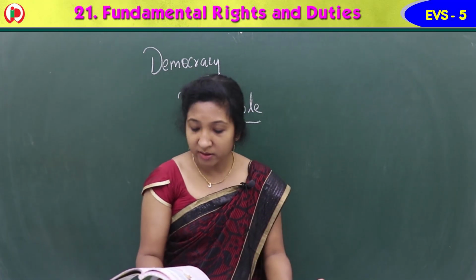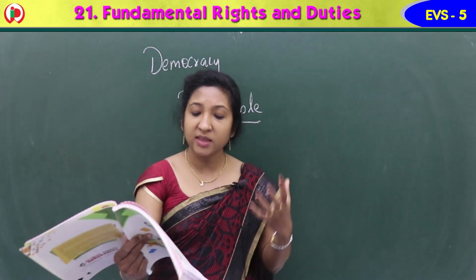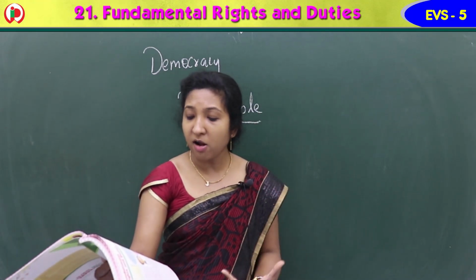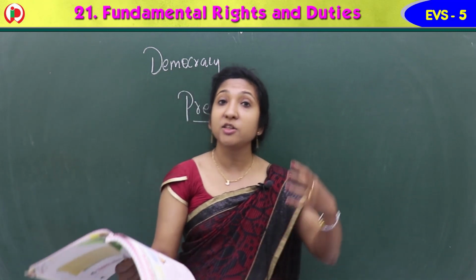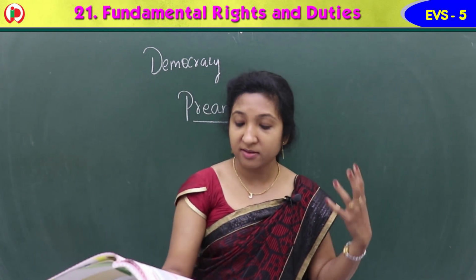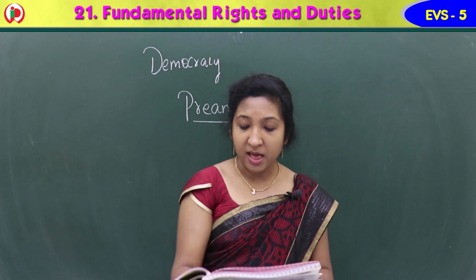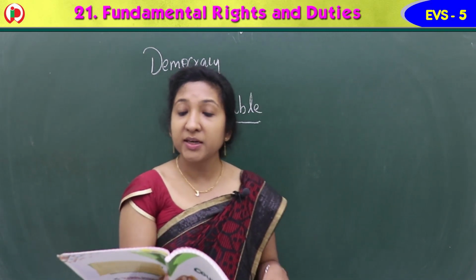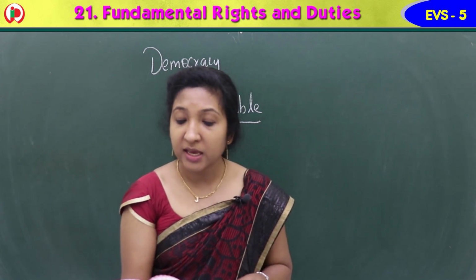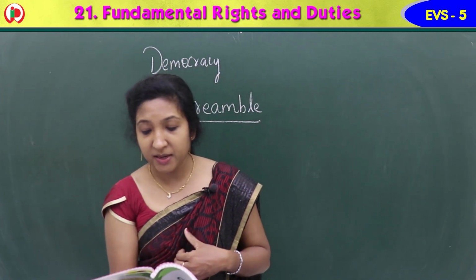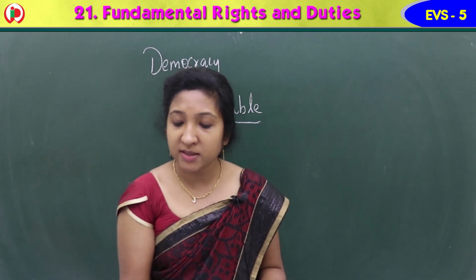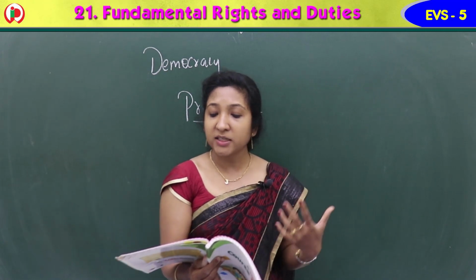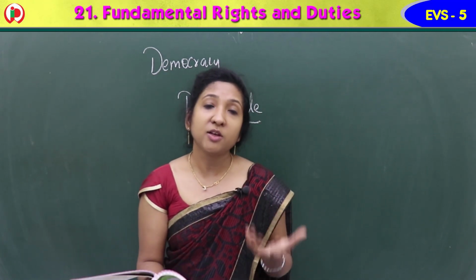It reads: We, the people of India, having solemnly resolved to constitute India into a sovereign, socialist, secular, democratic republic, and to secure to all its citizens justice, liberty, equality, fraternity. In our Constituent Assembly, this 26th day of November 1949, do hereby adopt, enact and give to ourselves this Constitution.